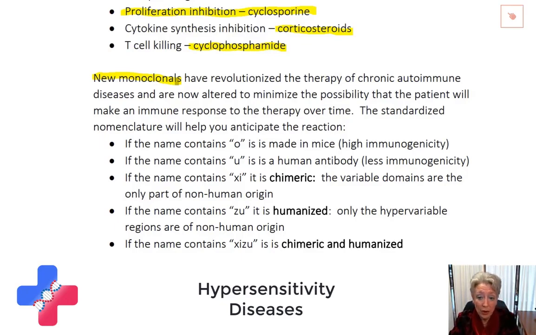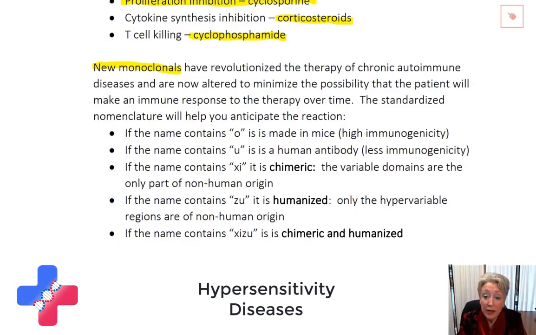Now, if you recall, we talked about the fact that immunoglobulins are glycoproteins, so they are immunogenic. And if I create a monoclonal antibody and I inject it repeatedly into a patient with good intentions to ameliorate their symptoms and signs, the problem is that I can make an immune response against that monoclonal when I start to recognize it as a foreign protein.